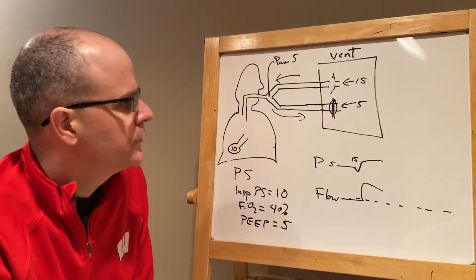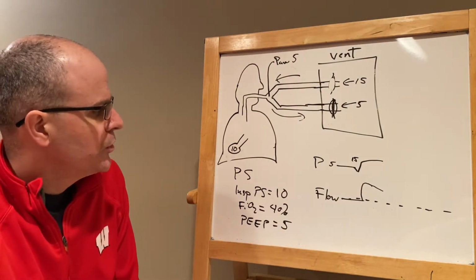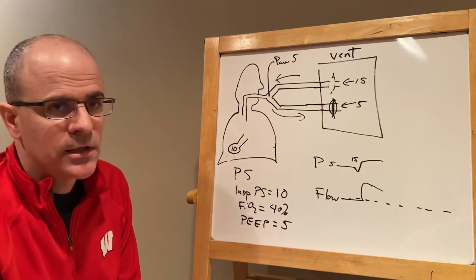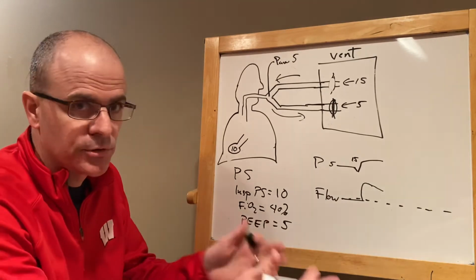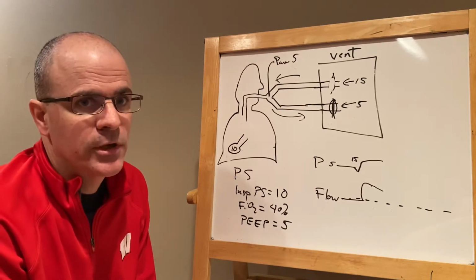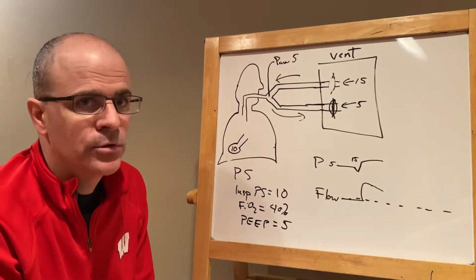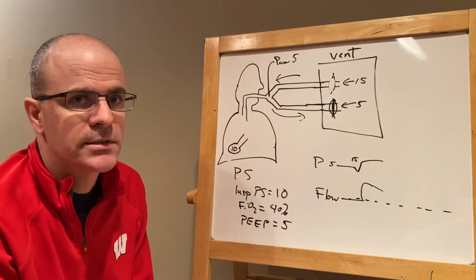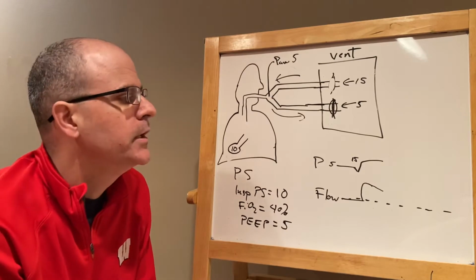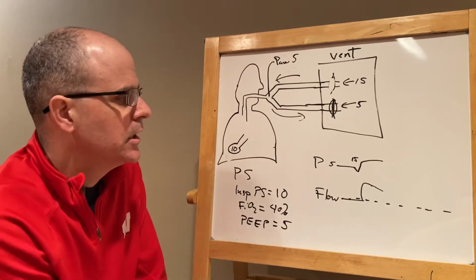There's one big difference. We don't have an inspiratory time with this mode. We didn't tell the ventilator to maintain inspiration for a certain amount of time. Instead, we tell the ventilator to maintain inspiration until the flow decays to a preset percentage of peak inspiratory flow. Now that's a mouthful, so let's say it again.